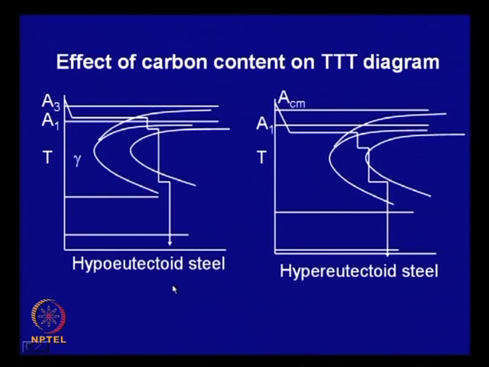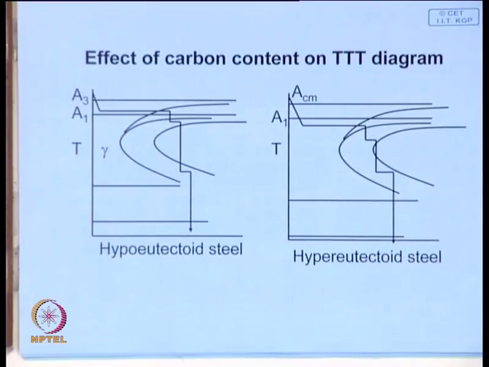Now, so far we looked at only the eutectoid steel. What happens if the carbon content changes? In that case, the nature of the CCT diagram will change. There will be some transformation even before the eutectoid temperature is reached.